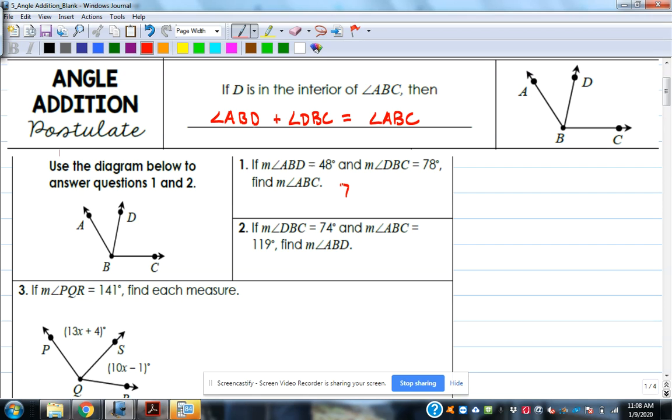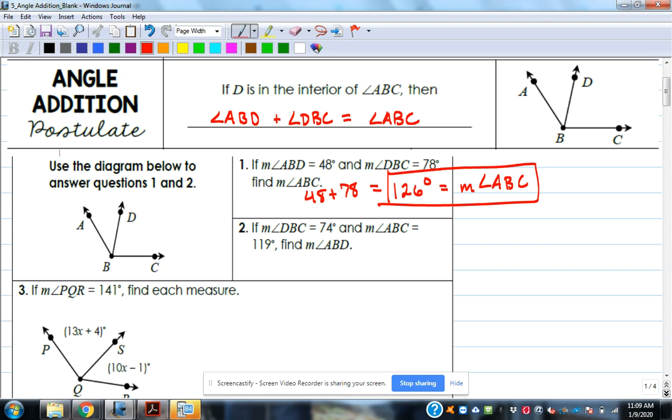So 48 plus 78, 126 degrees. Make sure you put your degree symbol there, is equal to the measure of angle ABC. That's no different than the segment addition stuff was.